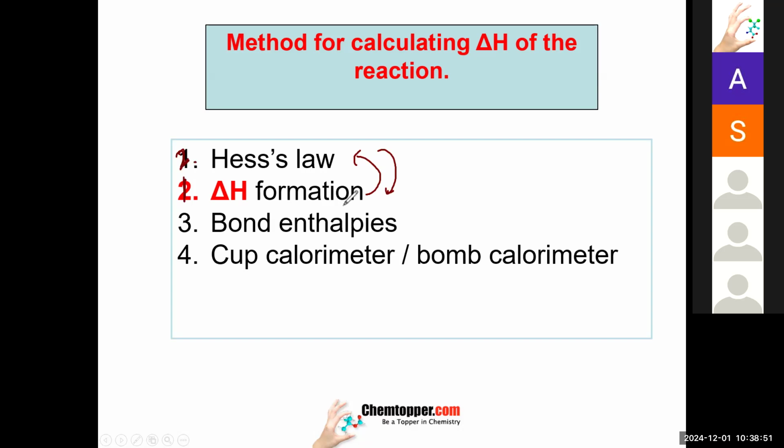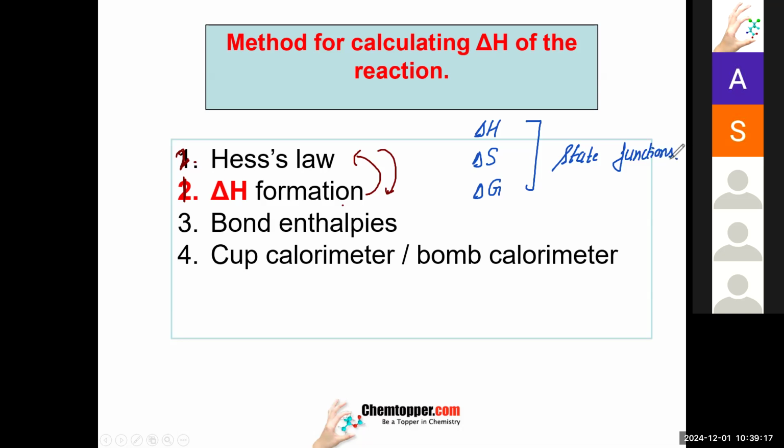So first I'm going to use delta H of formation. If you remember from my very first class on thermochemistry, I told you that delta H, delta S, delta G are state functions.